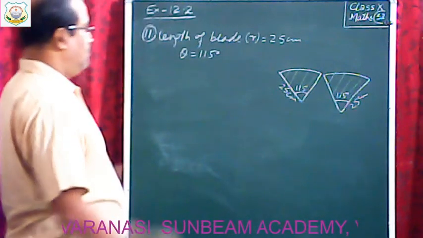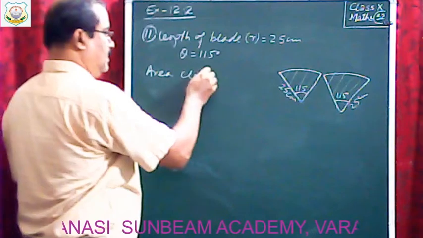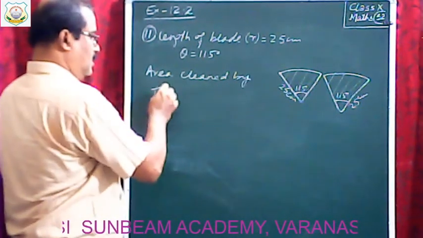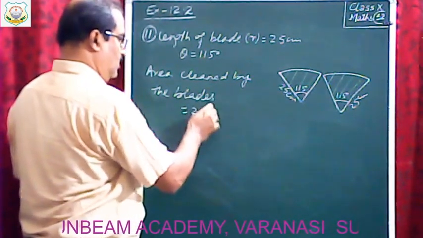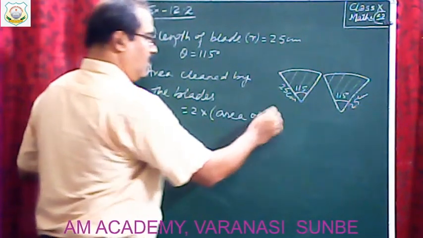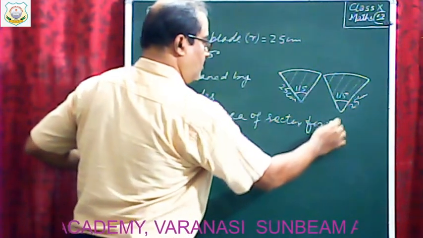So first of all, you have to write area cleaned by the blades equal to 2 into area of sector formed.